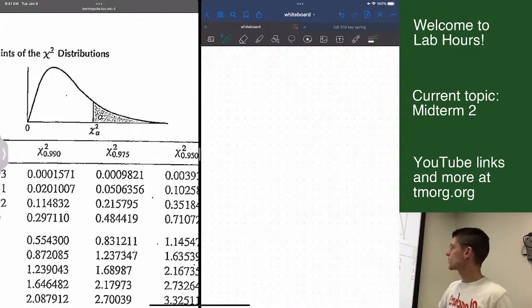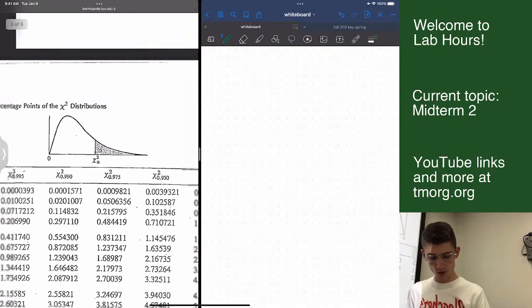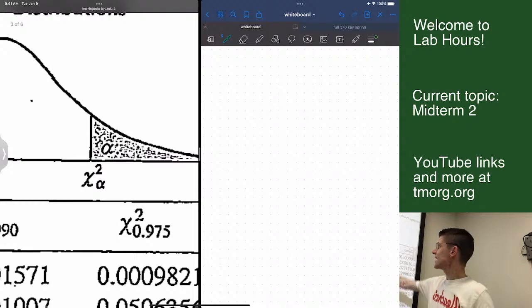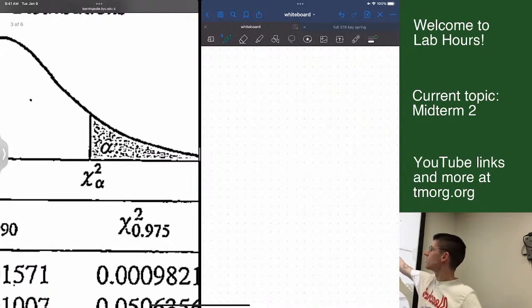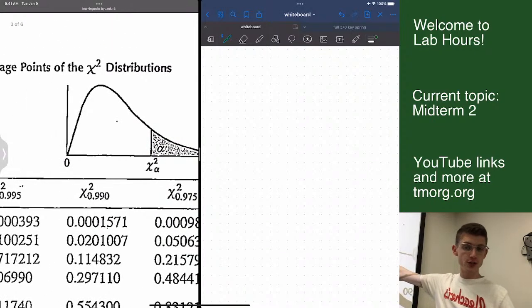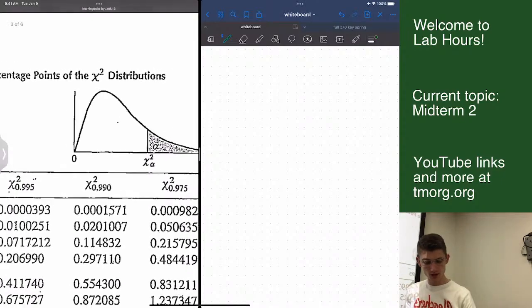Why is there a chi-squared alpha? Well, fun fact, I don't know if you can tell super well in the document that you have, but there's an alpha in there. This alpha right here is the area under the curve that is highlighted. Okay? That's going to be crucial to how we read this chart.